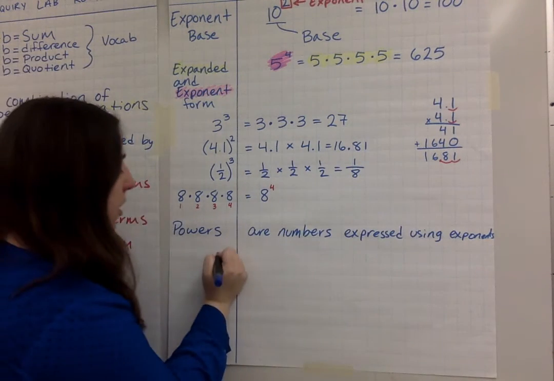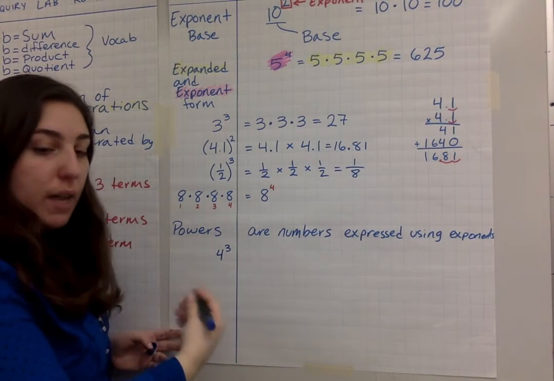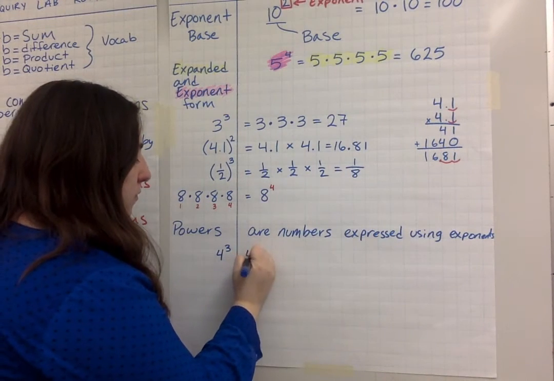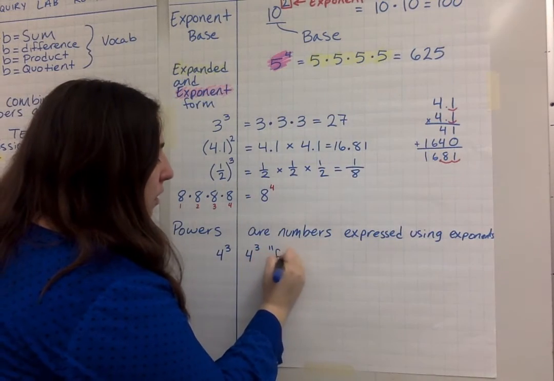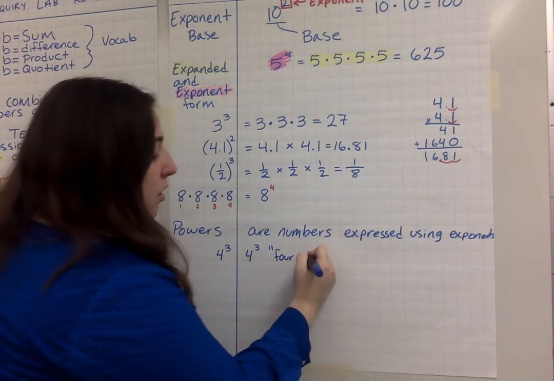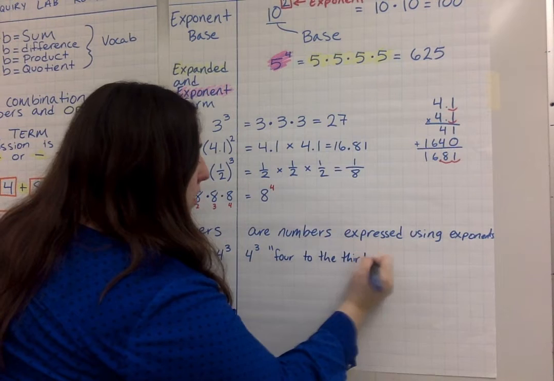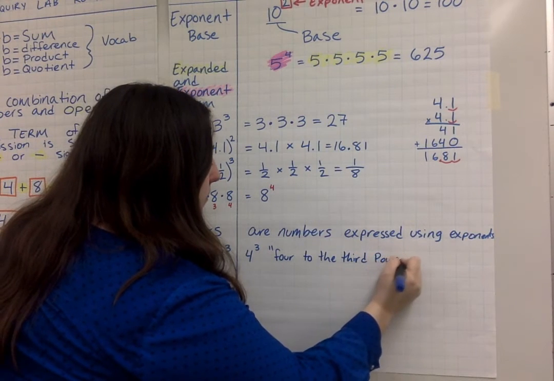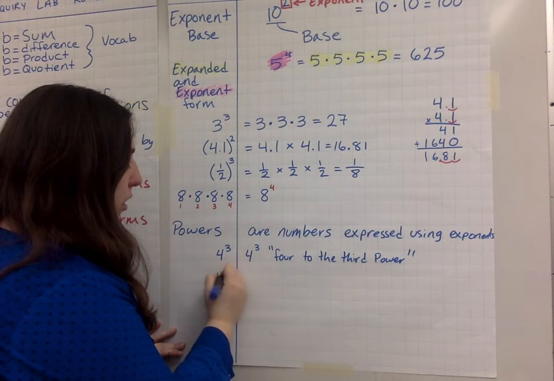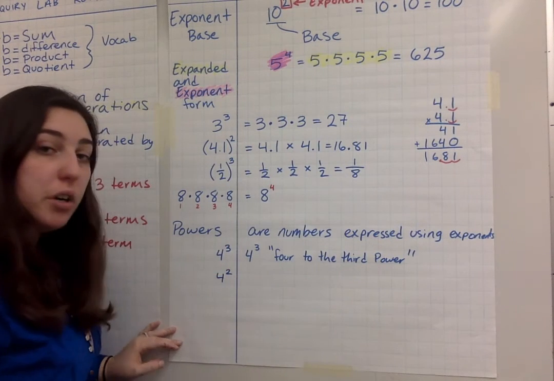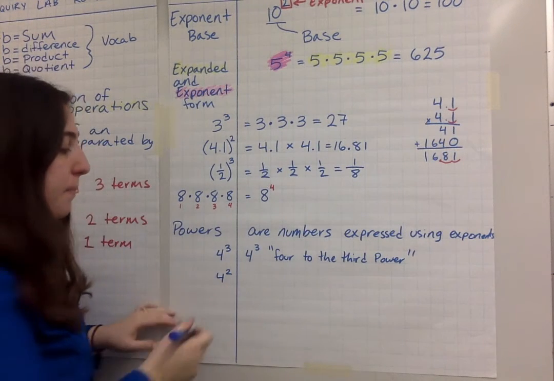For example, if we have 4 to the 3rd power, okay, the way that we say it is 4 to the 3rd power. If we have 4 to the 2nd power, another way to say this is 4 squared, so we have 2 ways to say it.